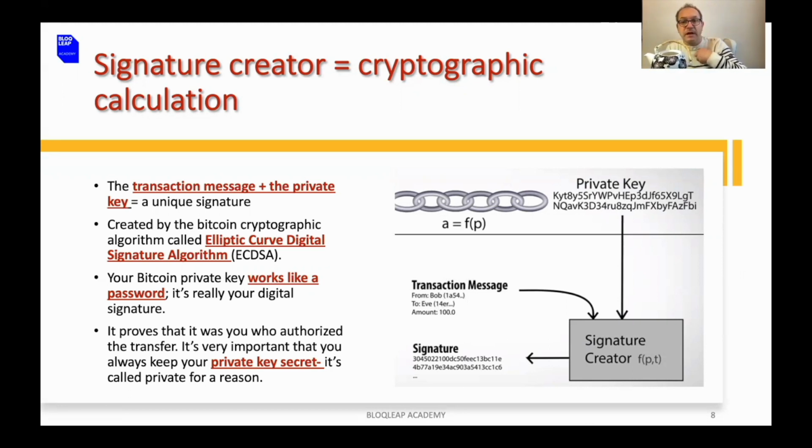So it's going to take my private key, put it in the machine, and apply this algorithm inside the signature creator, and then is going to have one number, which is called the signature. All right, this is very important.